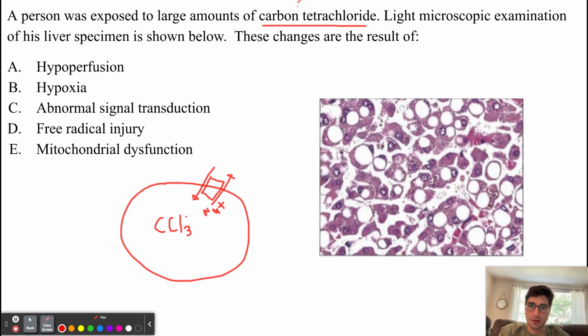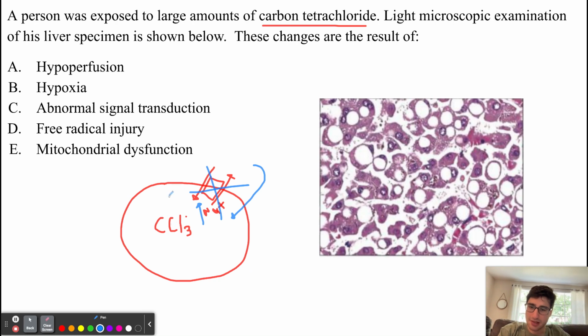When we convert carbon tetrachloride into this carbon trichloride free radical, it damages the cell membrane of hepatocytes. Because of this damage, the sodium potassium pump does not work properly, so sodium builds up within the hepatocyte. Remember that water likes to follow sodium, so now we experience cellular swelling.